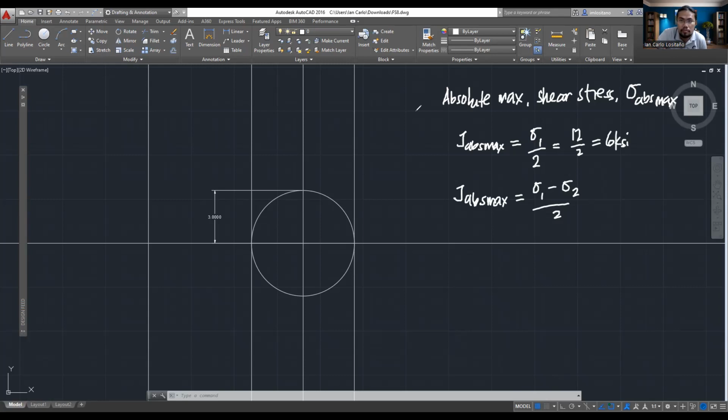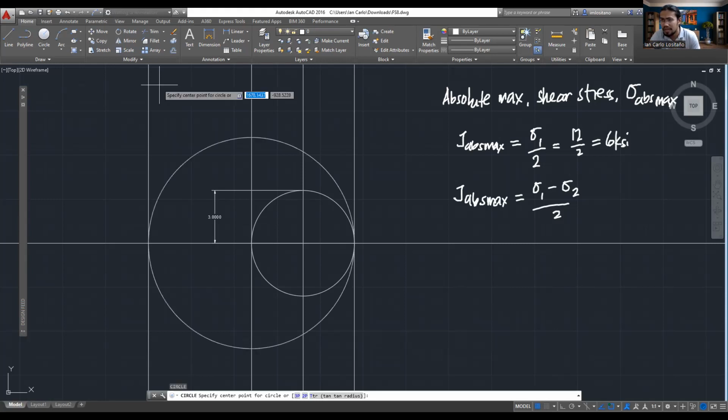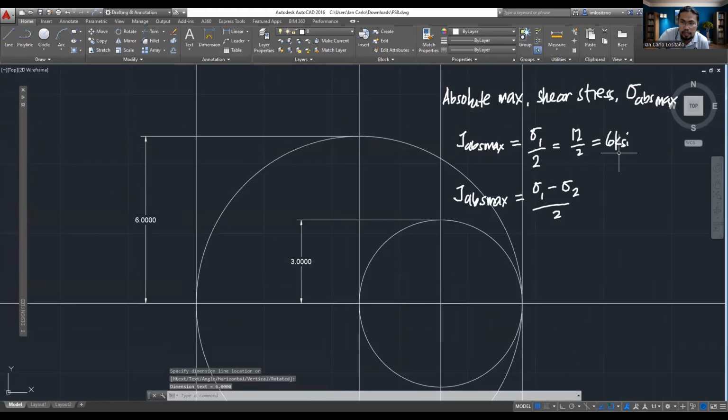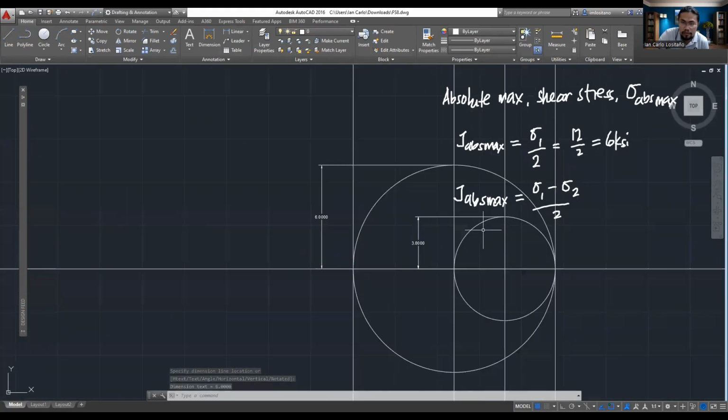The diagram for this one is actually something like this, right? We create a circle, and we draw a big circle. Now, the absolute maximum shear is actually this dimension. So that is 6. That's why we get a 6 KSI value for that.